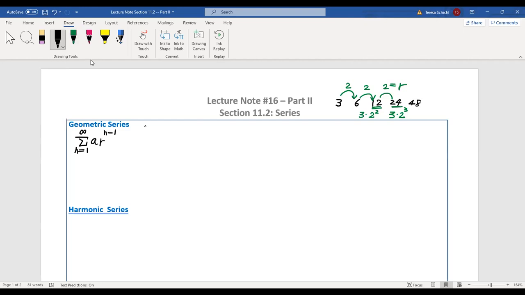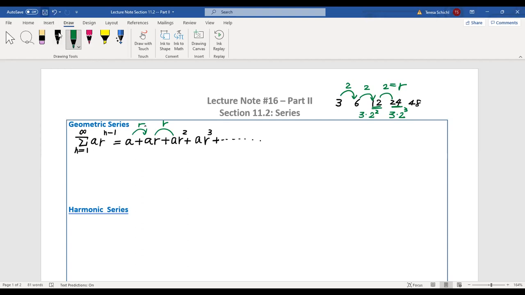Basically, that is a, plus ar, plus ar squared, plus ar cubed, and so on. Each term differs from the previous one by a ratio r, and r can be any number.